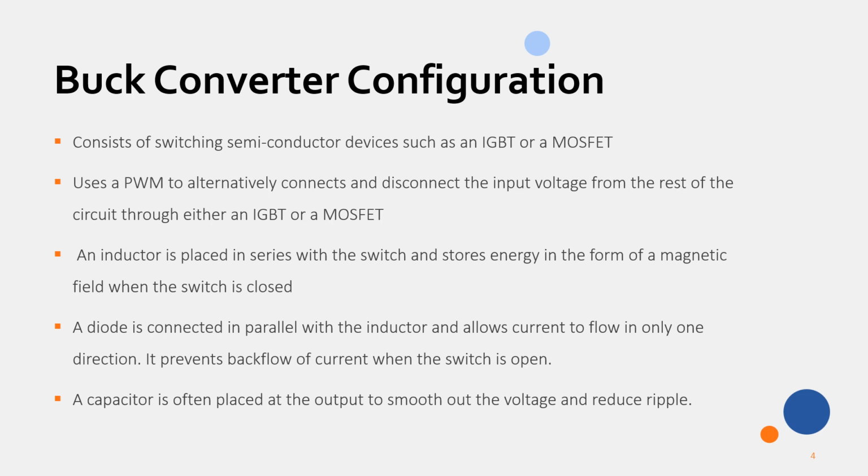An inductor is placed in series with the switch and stores energy in the form of a magnetic field when the switch is closed. Also, a diode is connected in parallel with the inductor to allow current to flow in only one direction. This is to prevent the backflow of current when the switch is open. And lastly, the capacitor is often placed at the output to smooth out the voltage, and with this we mean you're trying to remove those ripples so we can have a smooth voltage in the system.